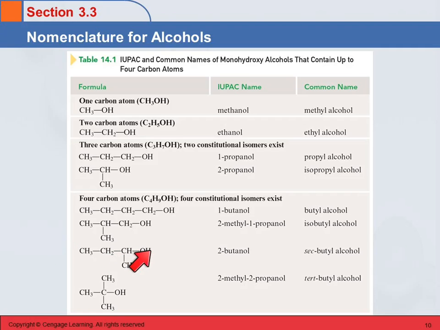Straight chain with the alcohol second. Here we've got a branched chain with an alcohol on one of the ends. And here we have that same branched chain, but now the alcohol is on the center carbon instead of one of the ends. But we've got 3 carbons, no matter how we count it, so that's 2-propanol with the methyl group also on the second carbon. See how that works, kind of?